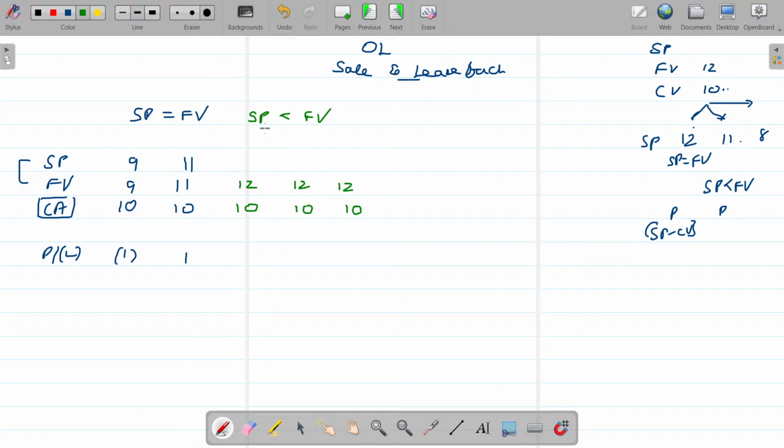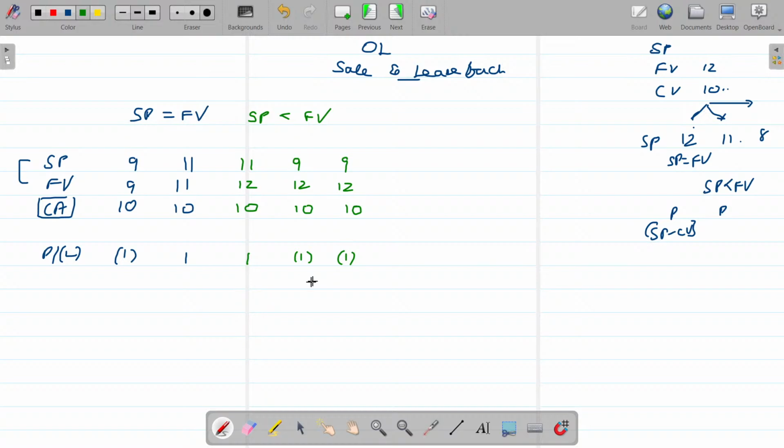But sale value is less than fair value. Maybe you sold for 11, you sold for 9, you sold for 9. Clear? What about the profit and loss? Profit and loss is based on what? Sale price and carrying amount. 1 rupee profit, 1 rupee loss. Here also 1 rupee loss. Is that clear?